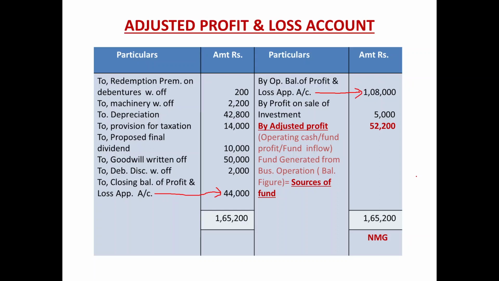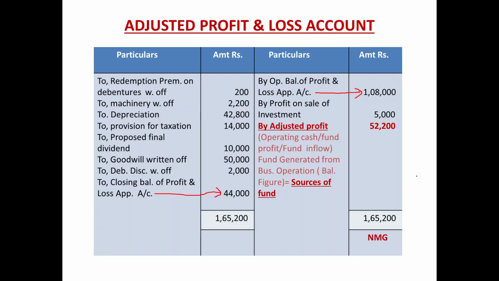So that gives the current year's profit, 1,08,000 minus 44,000, that is 64,000. So in this way, we have reported the profit of the year, 64,000, by putting the two balances of profit and loss appropriation account.